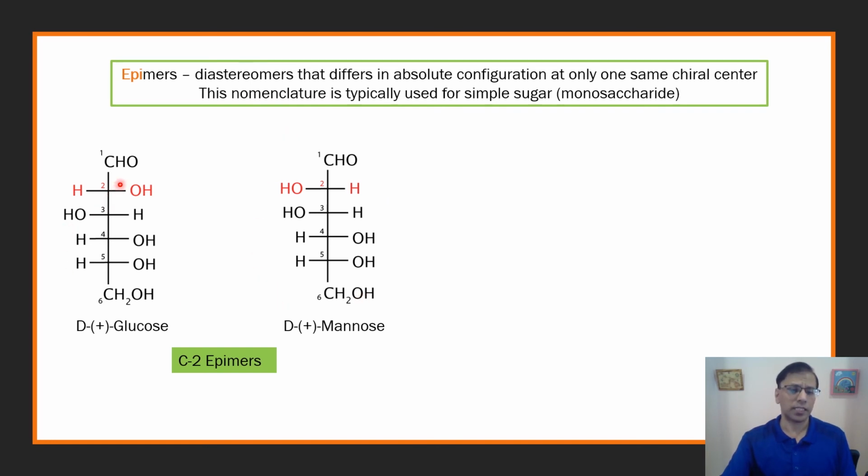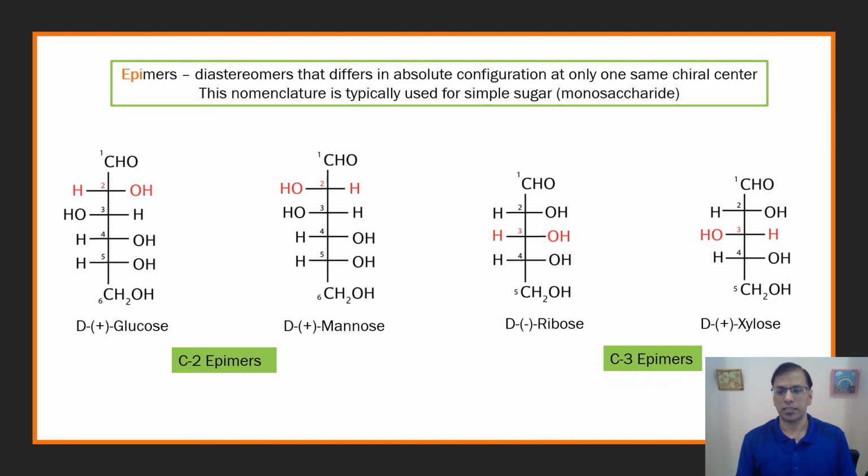So in this case, the carbon atom 2, which is chiral, has the OH group on the right for glucose. In the case of mannose, the OH group at carbon atom 2 is on the left, and hence these two compounds are called C2 epimers.